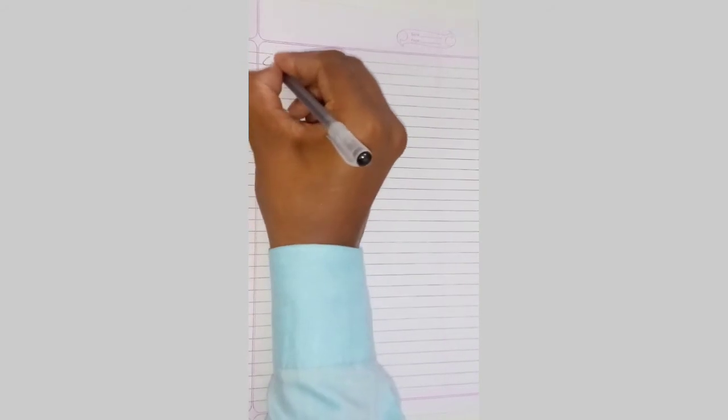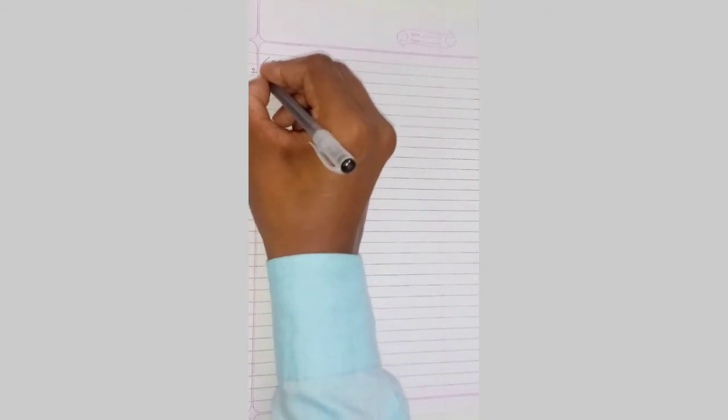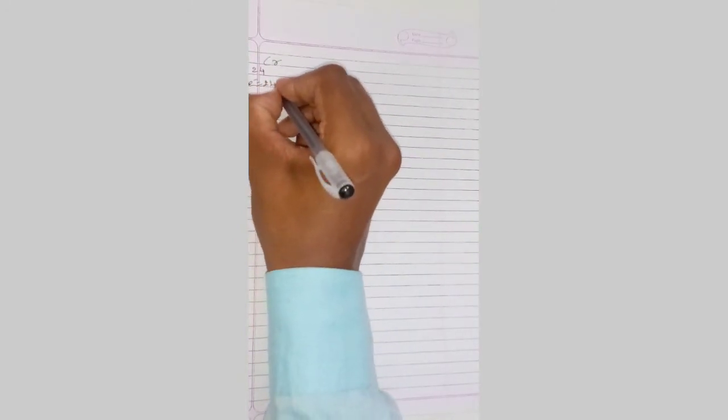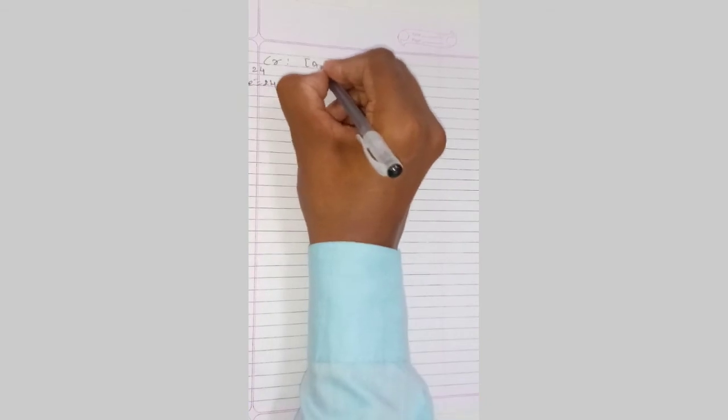Now let's see the electronic configuration of chromium. The number of electrons here is 24, and its electronic configuration is argon.